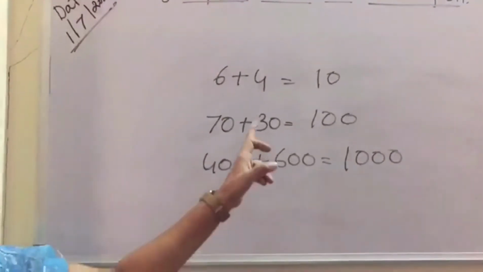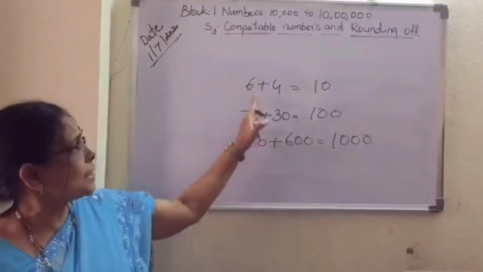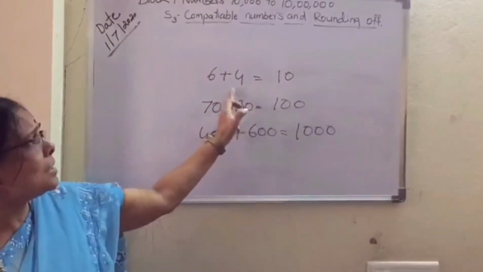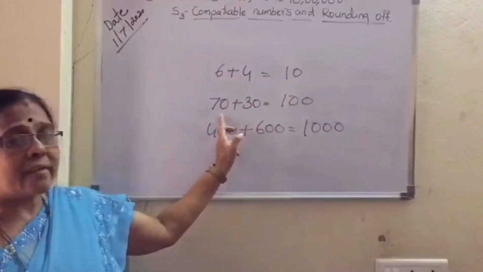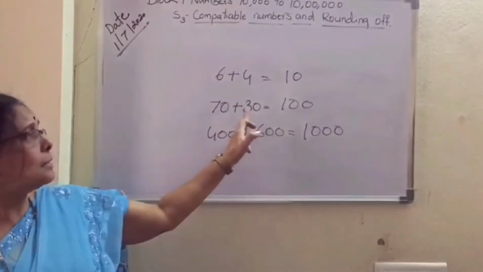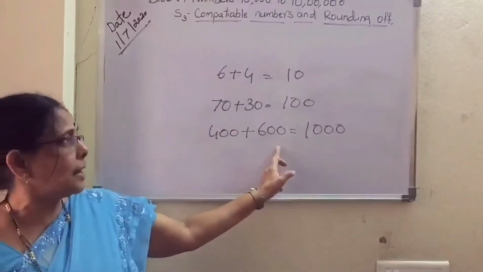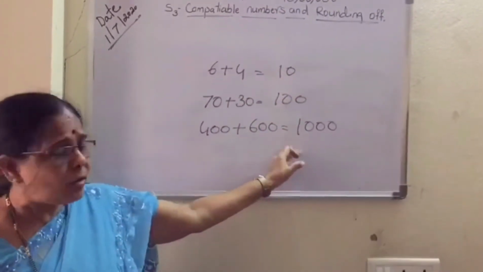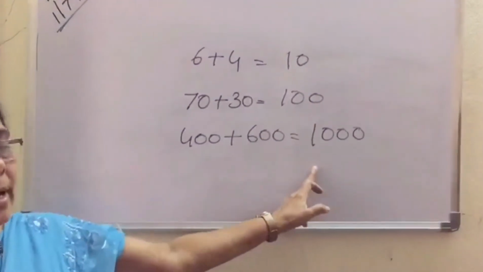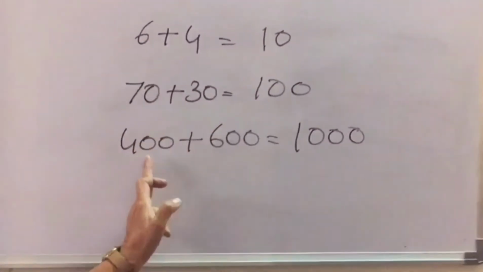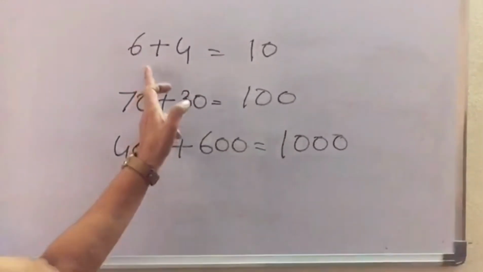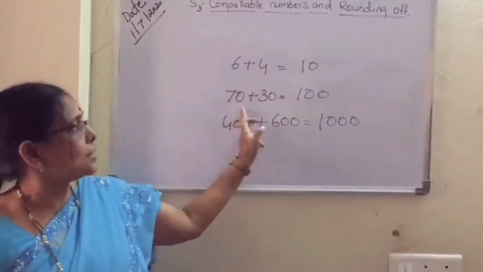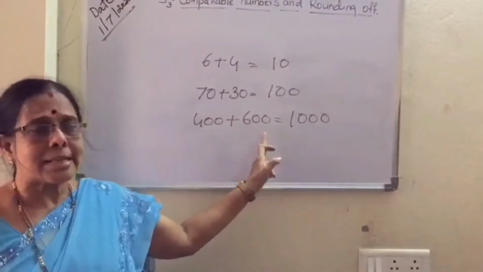All the examples are like this, no, children. These numbers are called compatible numbers. When these numbers are added, they form rounded numbers. So for 70, how many tens did you add? 30. For 400, 600. See, when you add two numbers, you found round numbers. These numbers are called compatible numbers, and also known as friendly numbers: 6 plus 4, 70 plus 30, 400 plus 600.